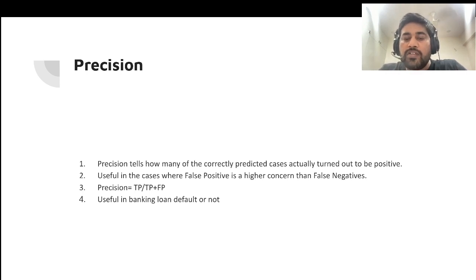If a person who is going to be non-defaulted is predicted by the model to default, it is a business loss, and the right person is not getting the advantage of the loan. So in that scenario we are concerned about precision, which means we have a higher concern about false positives.